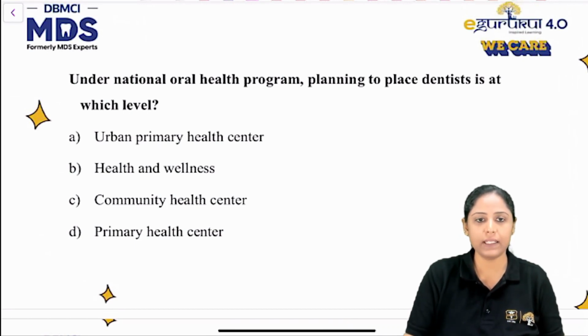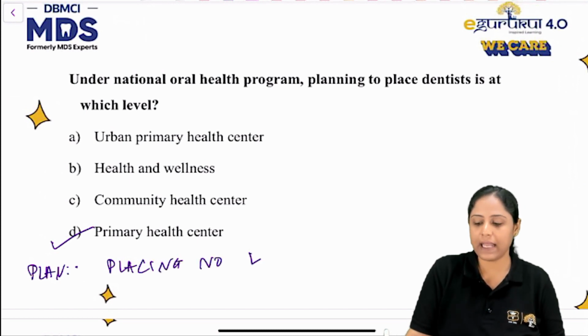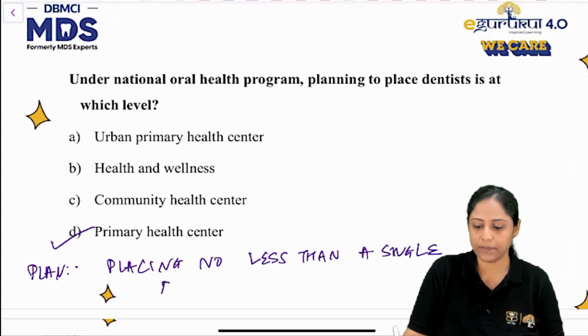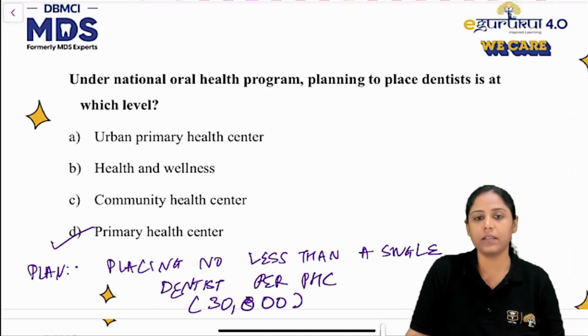So that is why the right answer will be choice D, primary health center, because a proposed plan is of placing no less than a single dentist per PHC to cover a population of 30,000.